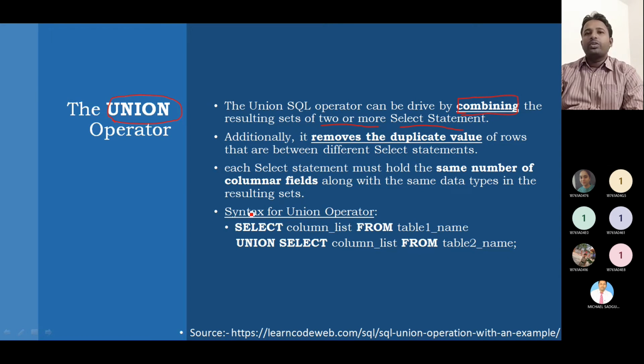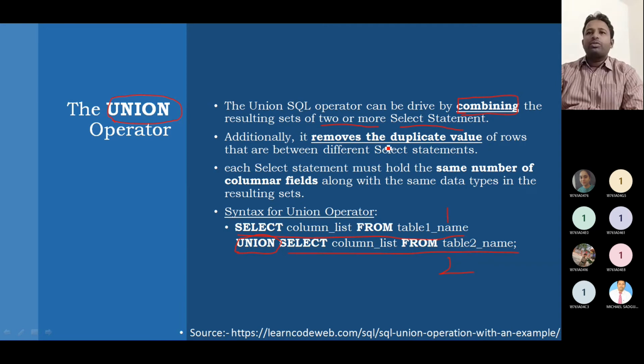If you look at the syntax, first we write the select query: select some column names from some table name. Then another select query. There are two select queries, and in the middle of those two, we perform the operation.